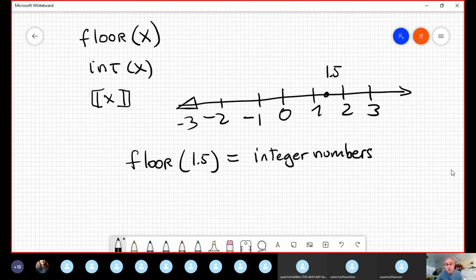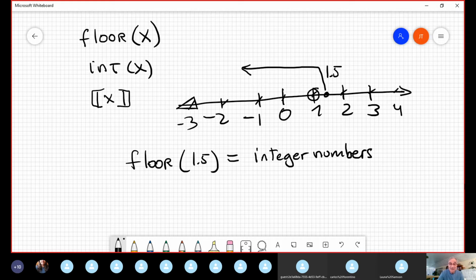Integer numbers are 0, 1, 2, 3, -1, -2, -3, positive and negative. No fraction, no decimal. But you take the collection of any integer numbers below 1.5, less than 1.5. So in that direction, you take the greatest, and the greatest is 1.